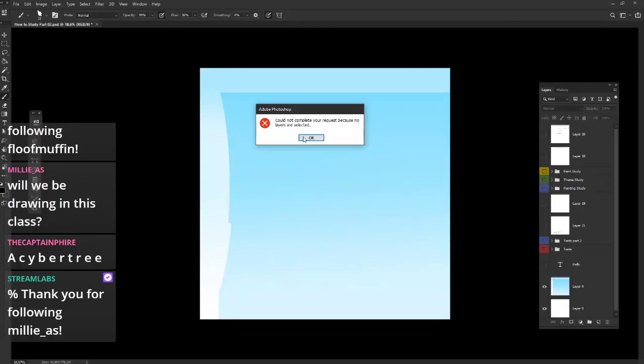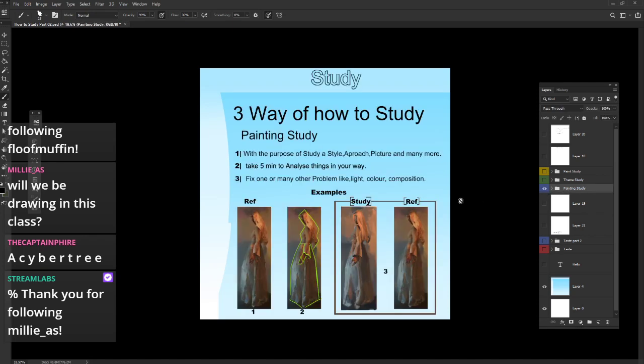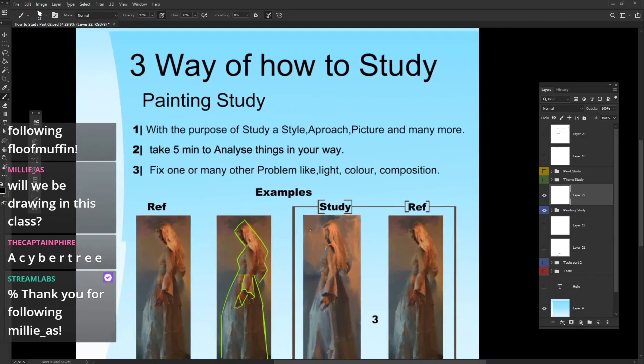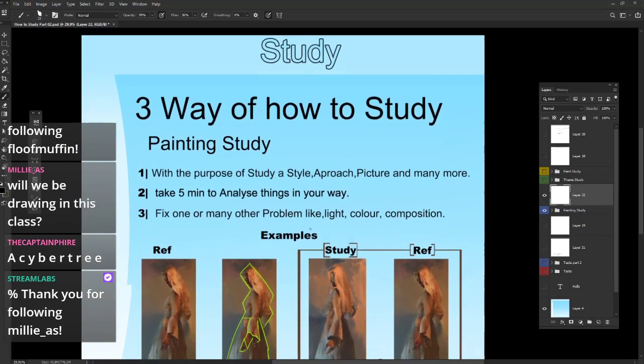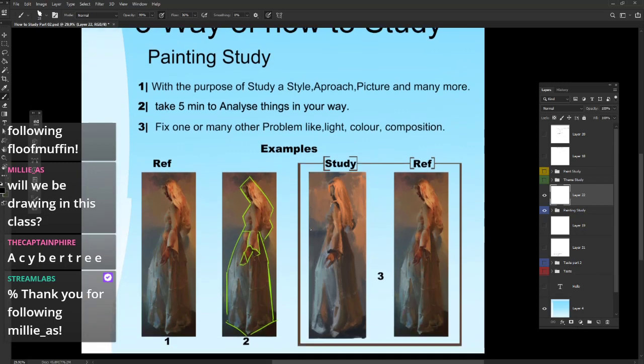Yeah, let me go now to painting studies. Painting studies, I think not that many people do that, even though it's important, because you can learn three things in that. You can learn light, you can learn colors, and you can learn the basic things of how he built those things up.